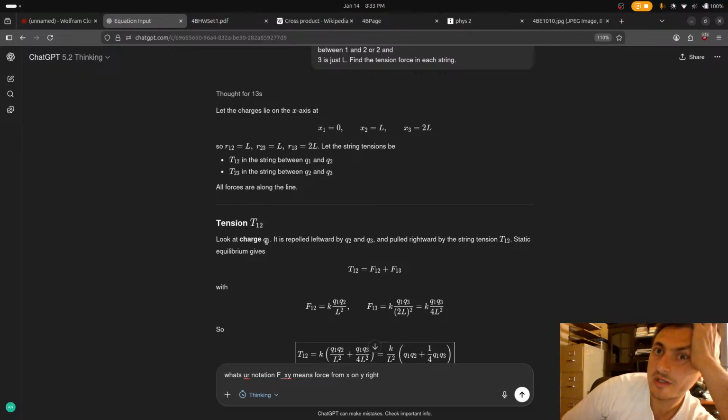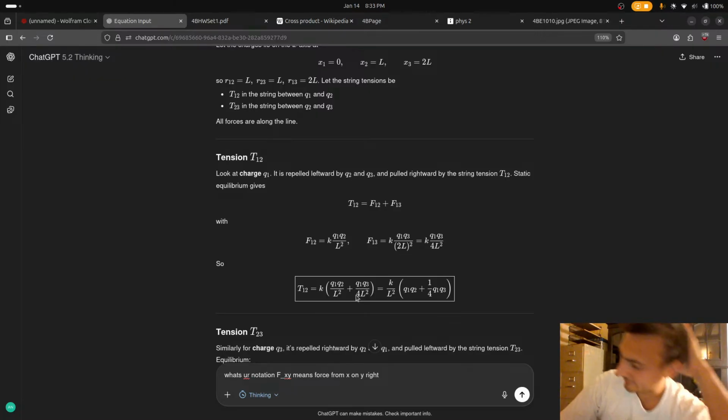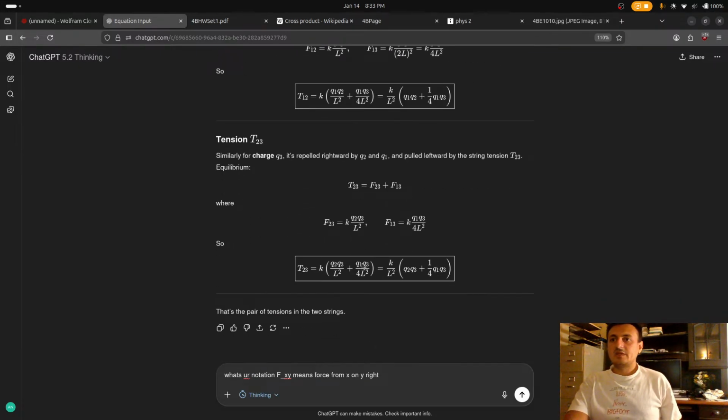Look at charge Q1. It is repelled leftward by, ooh, yeah, you can factor out the K, but this is it. K Q1 Q2 over L squared plus K Q1 Q3. So that's that. All right, so I feel like that problem is actually pretty easy. 7 is not so bad.